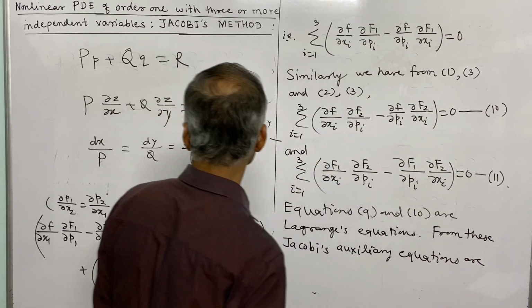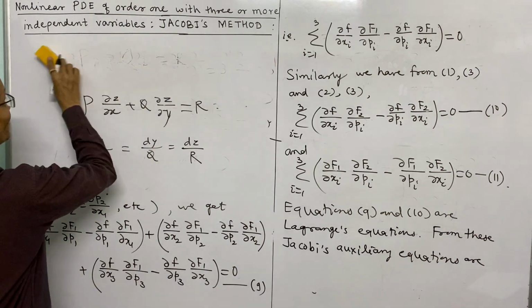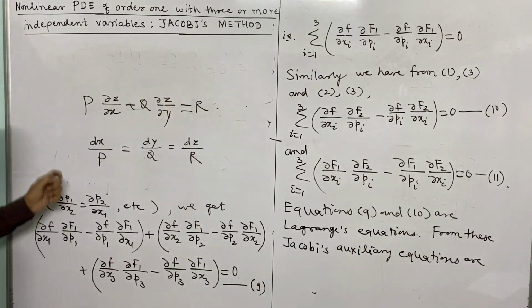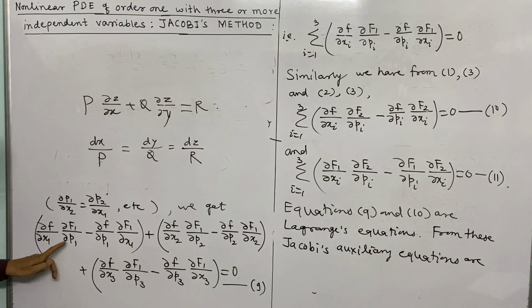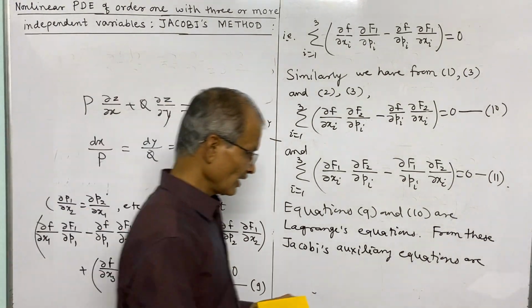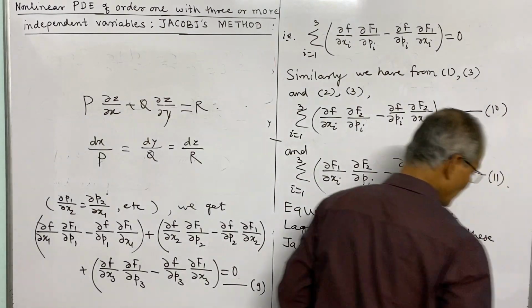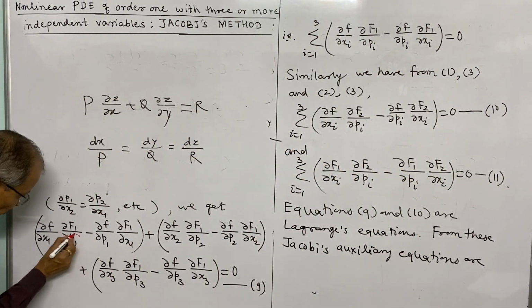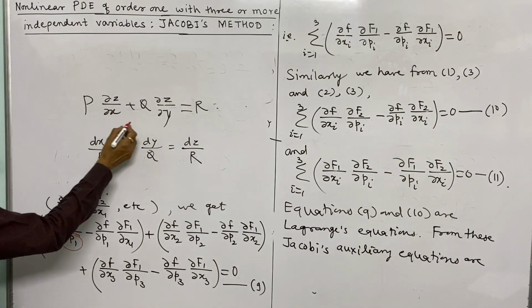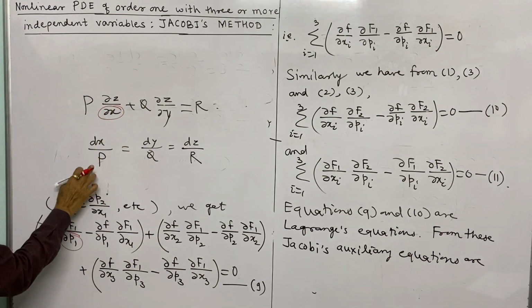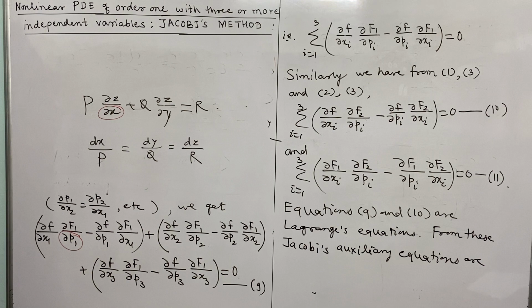Jacobi's auxiliary equations are. Now you see how to write the Jacobi's auxiliary equation. We may observe 9th. Here it is, see, this is dou P1. Dou P1 is the differential at the denominator, and this is to be considered at the numerator. Here this is dou x we have taken at numerator, and this suffix is written at the denominator.